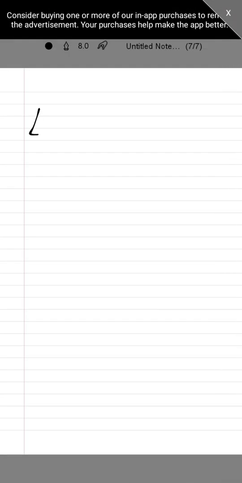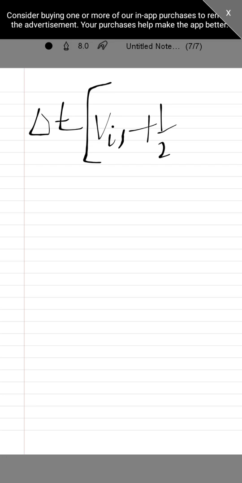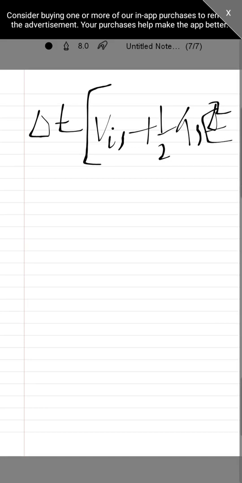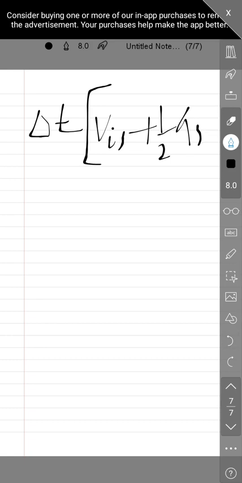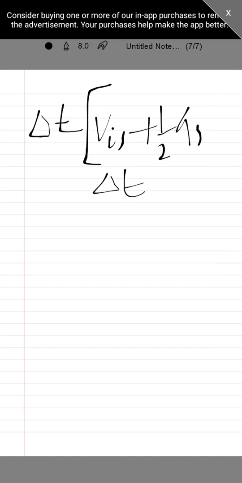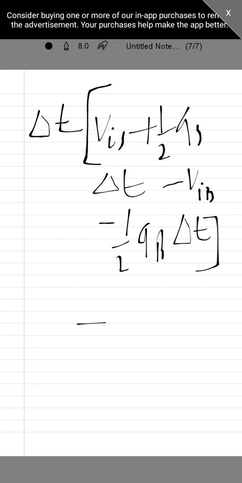If we factor out this term, what is inside is V_IS plus half A_S, and now this is no longer squared because we factored out, sorry, it's not clear enough, times acceleration times this term, minus V_IB, minus half A_B, this term, then all equal to 0.